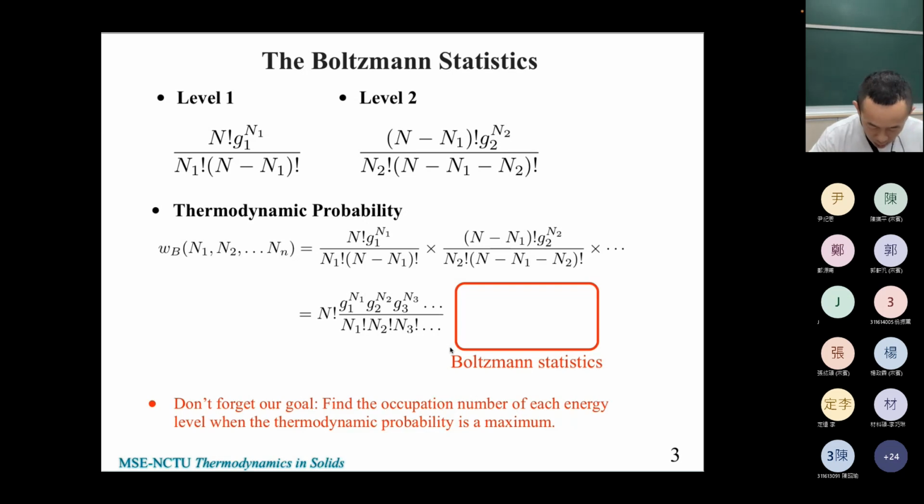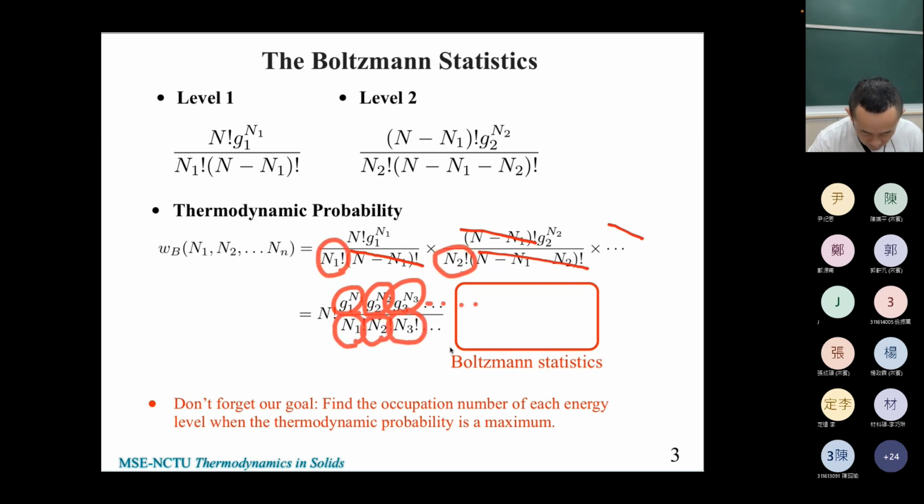You can imagine that (N minus N1) factorial divided by... you can cancel each other, and then cancel for the next one, and so on and so forth. So everything becomes simpler: N factorial and g1^N1, g2^N2, g3^N3, and so on, over N1 factorial, N2 factorial, N3 factorial.